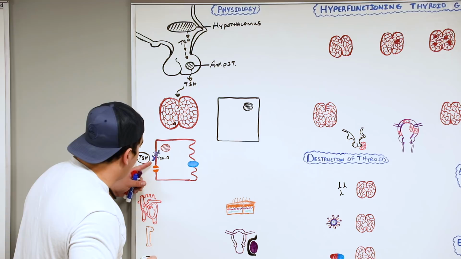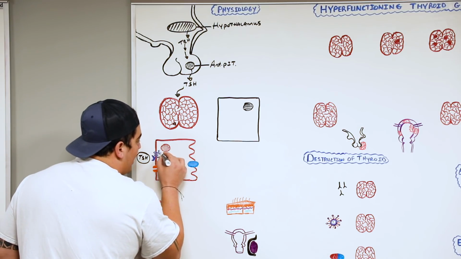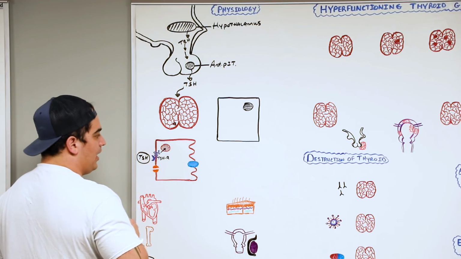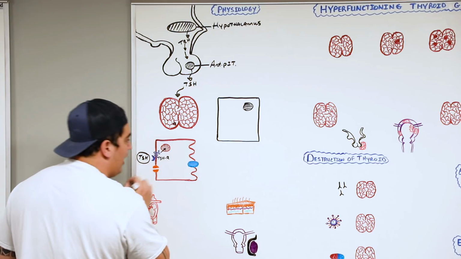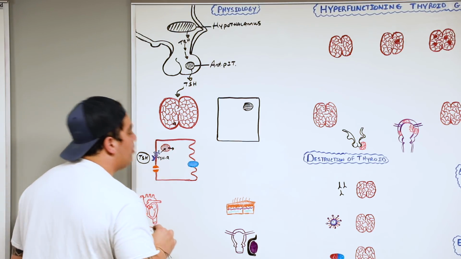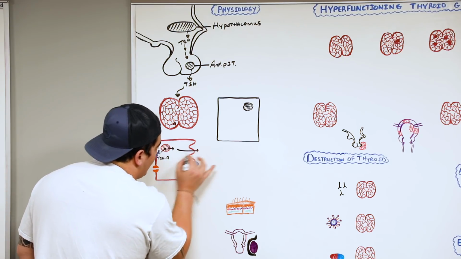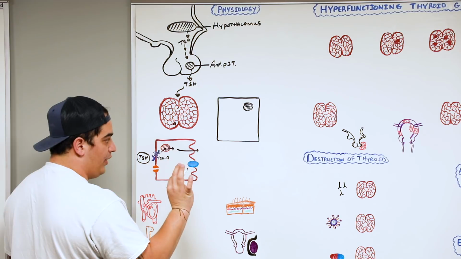When TSH binds to the TSH receptor, it sends intracellular signals to the nucleus. Once it activates particular genes within the nucleus, it leads to the synthesis of a protein that is spit out of the follicular cells into a central portion, which I'll show you in a second.